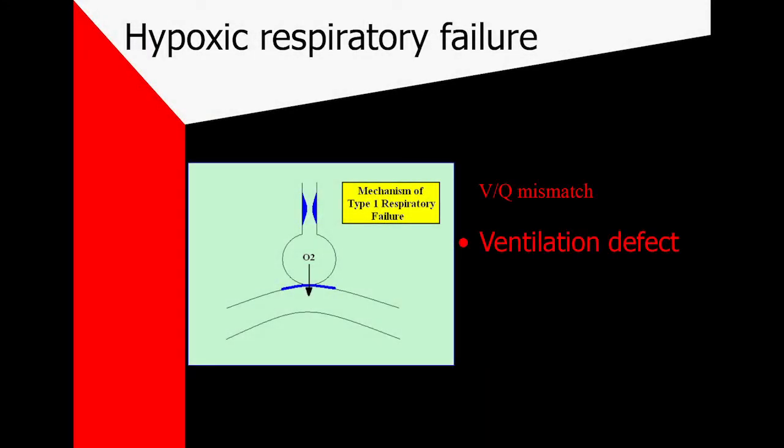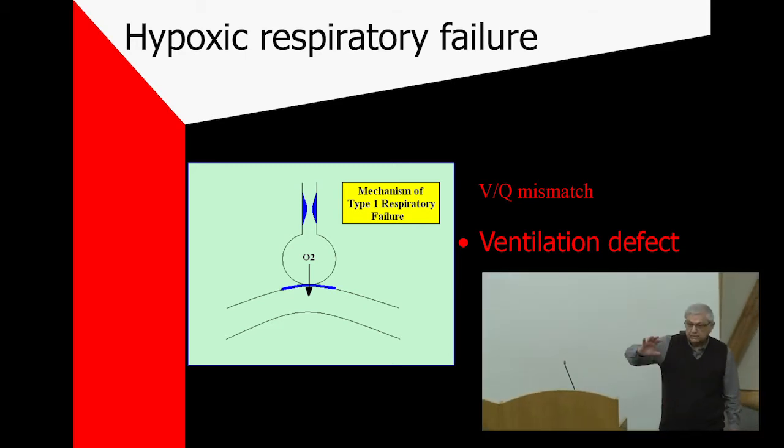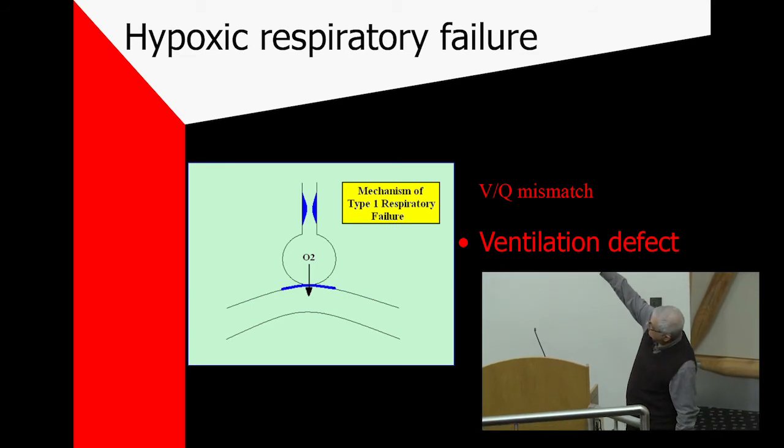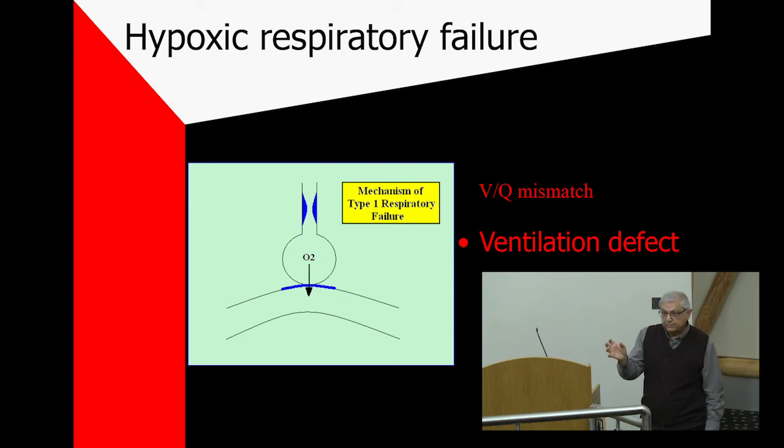Now, alveolar VQ mismatch mainly talks about ventilation abnormality. It's the top part of the lung: airway, alveoli and basement membrane. When they talk VQ mismatch, it's usually ventilation abnormality.